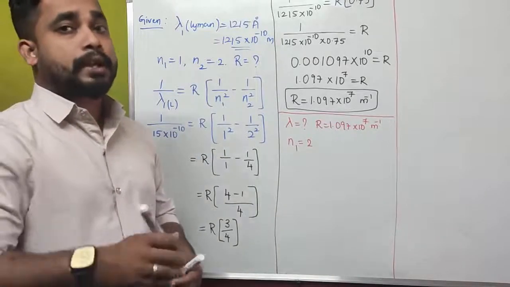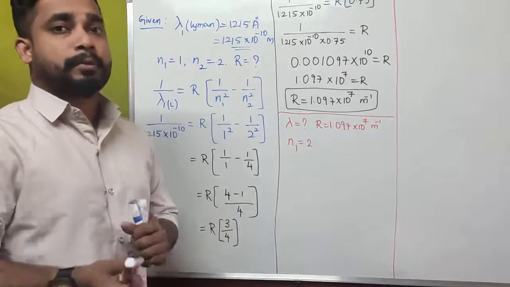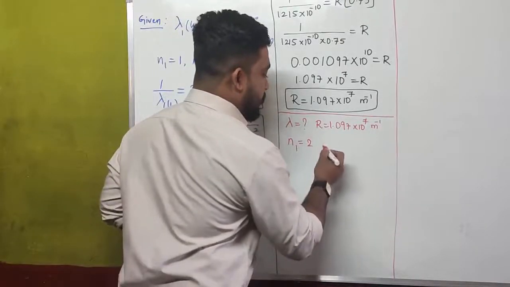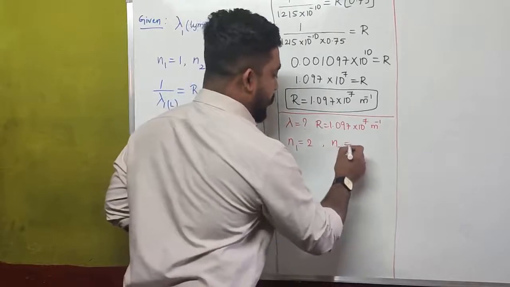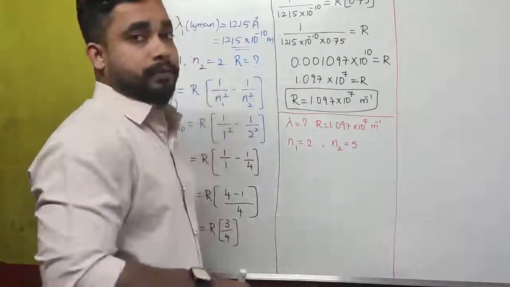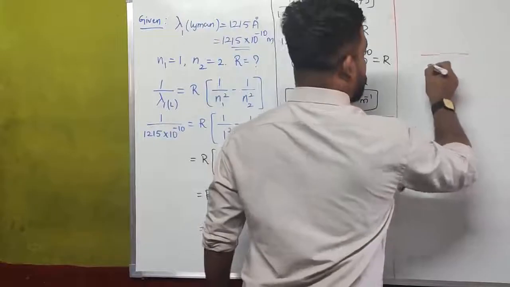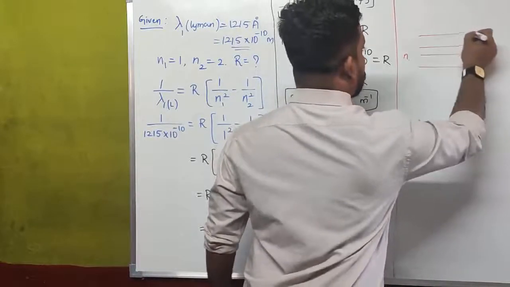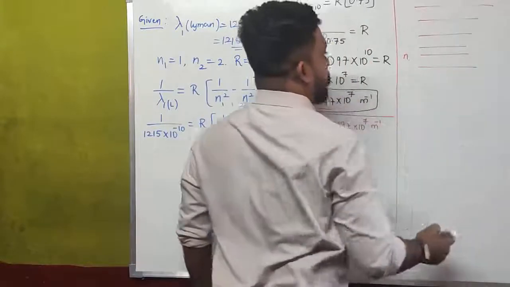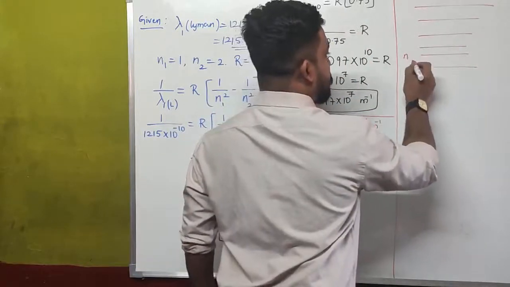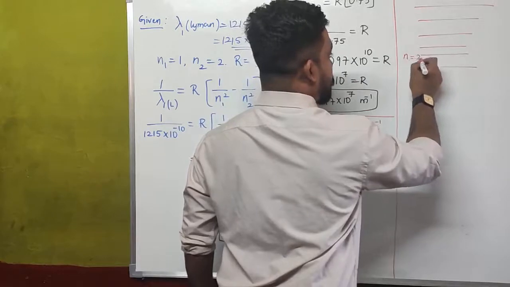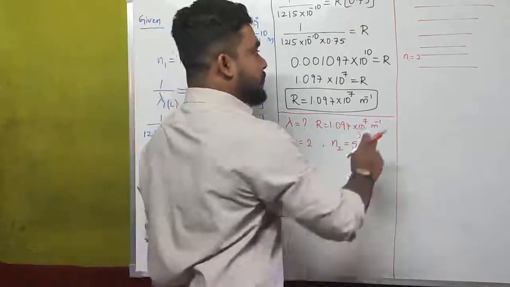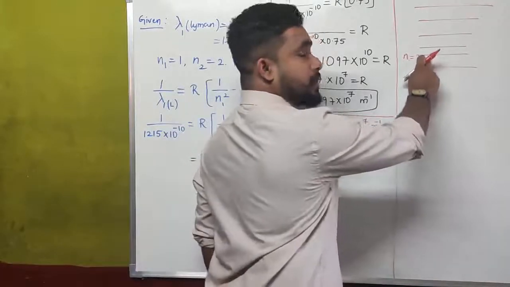But here, what is asked is the third member of the Balmer series. The third member of the Balmer series corresponds to N2 equal to 5. Because if we consider this as the Balmer series, N equal to 2 is the ground state for the Balmer series.